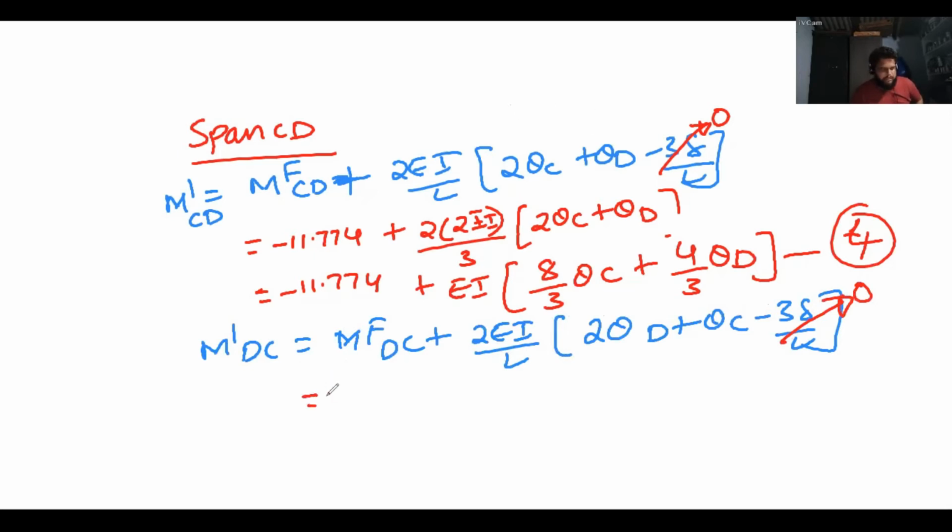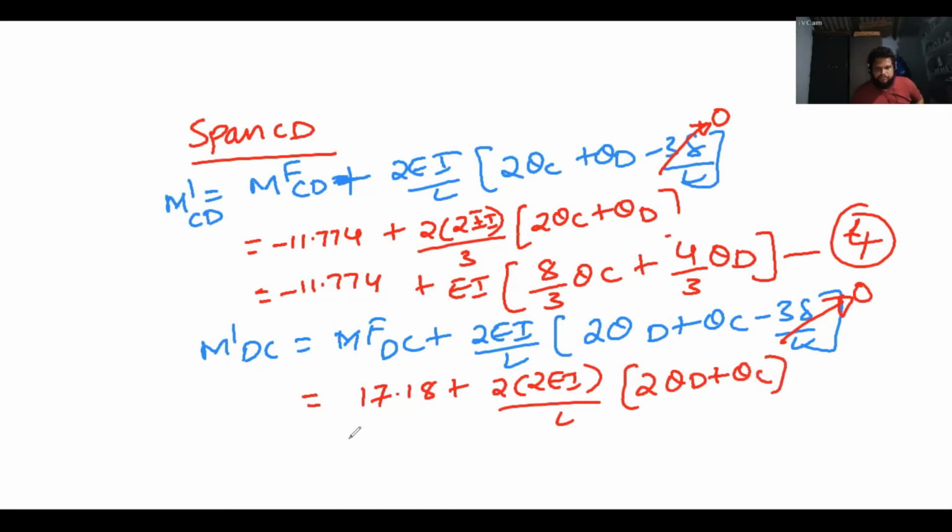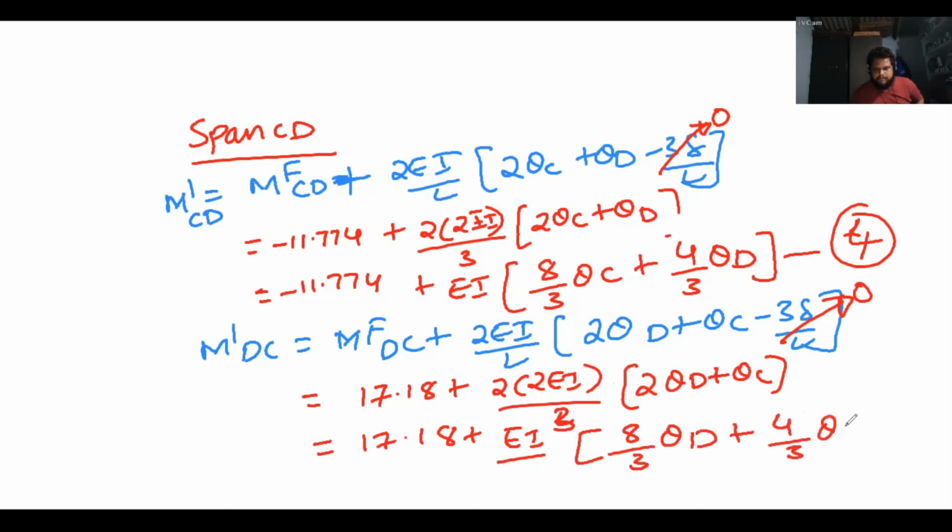Now MFDC is 17.18 plus 2 times 2EI by L into 2 theta D plus theta C. If I rewrite this equation, 17.18, taking EI common, this length is 3 meters, EI into 2 2s are 4, 4 2s are 8, 8 by 3 theta D plus 4 by 3 theta C. So this is equation number 5.